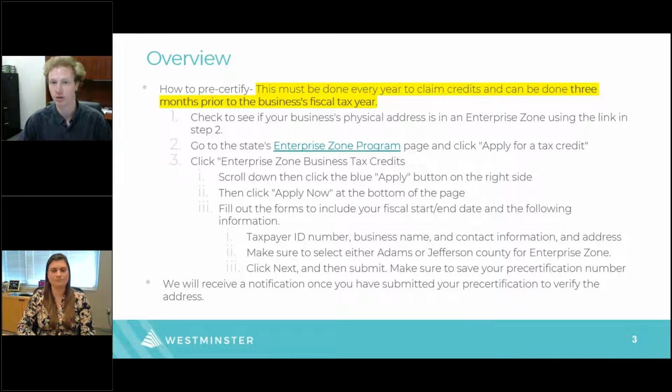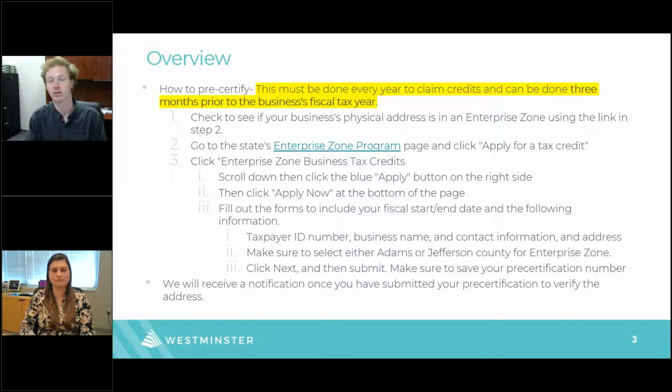And you need to put in your physical address, your contact information for your company, the start and end date of your fiscal year, and then you need a taxpayer ID number or the federal employer identification number, something along those lines that you should have handy. And then once you do that, you'll submit your pre-certification application to us and either me or Erin, depending on if you're in Jefferson County or Adams County.